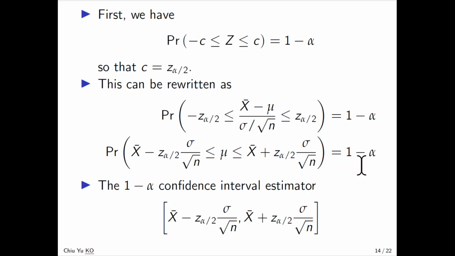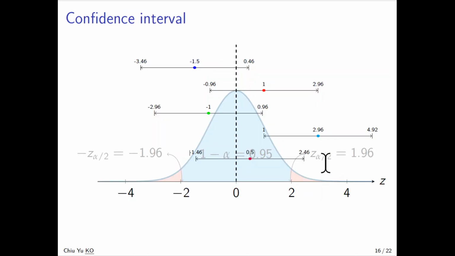What it actually means is, suppose we draw samples many times, then 95% of these intervals will include the mean. If you construct, say, 100 of them, 95 of them include mu, but 5 of them do not. That's the meaning of a confidence interval.